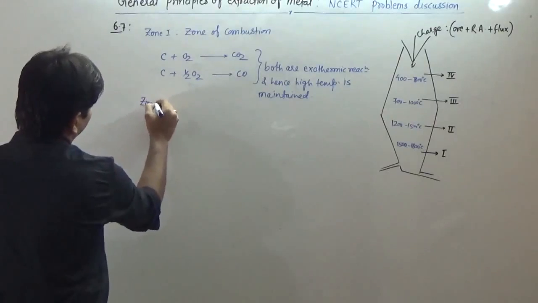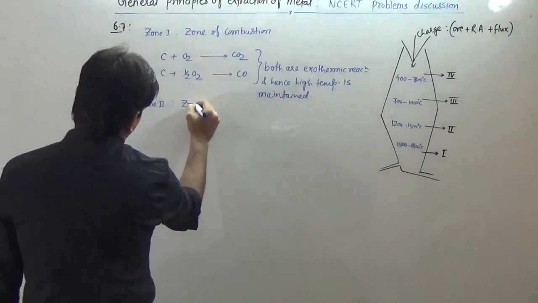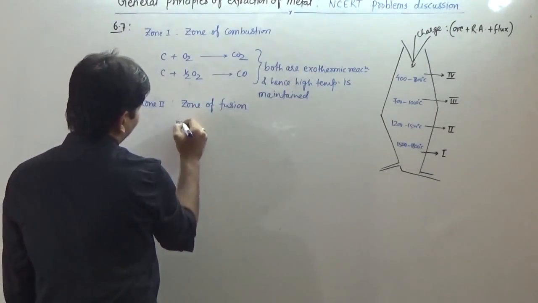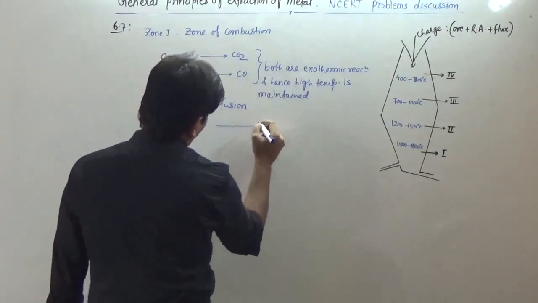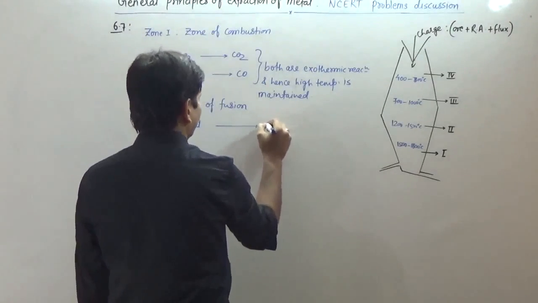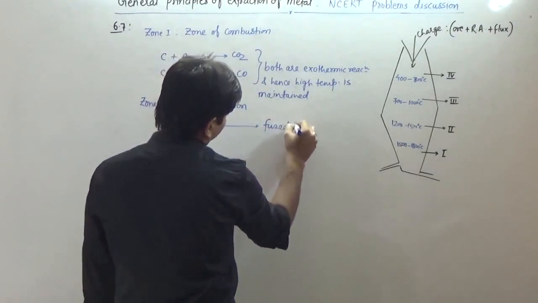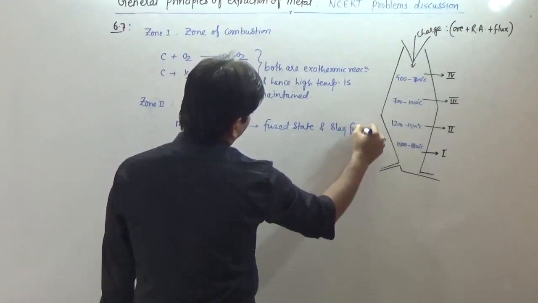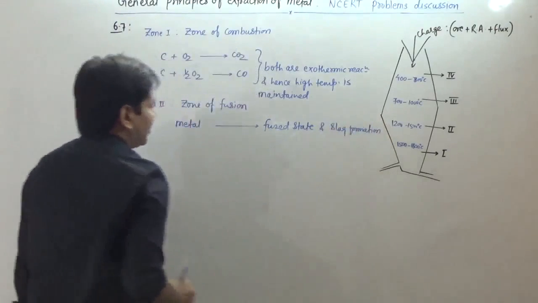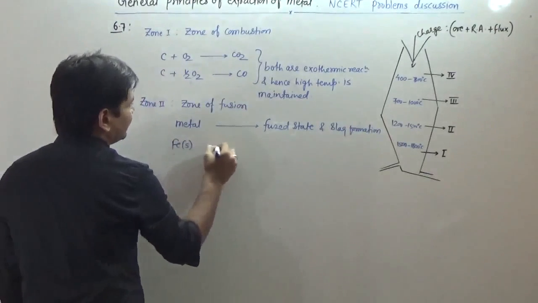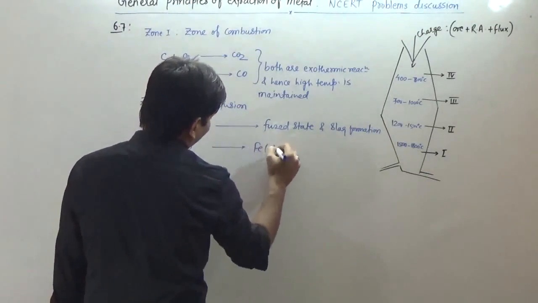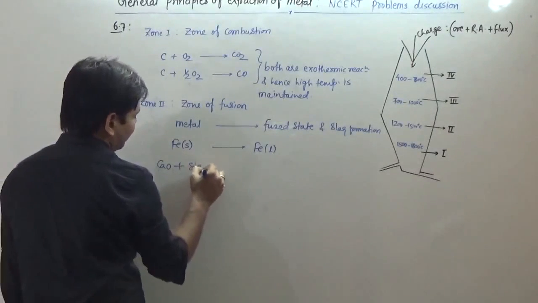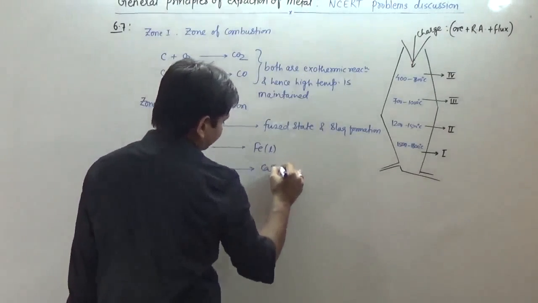Zone 2 is the zone of fusion, where metal is in the fused state and slag formation occurs. Here the iron solid, which is formed in zone 4, will convert into liquid iron, and if you have CaO like impurities, it will form CaSiO3.